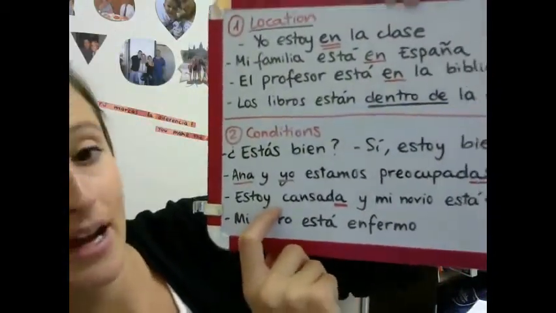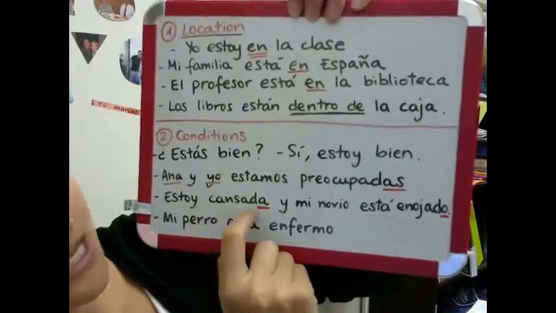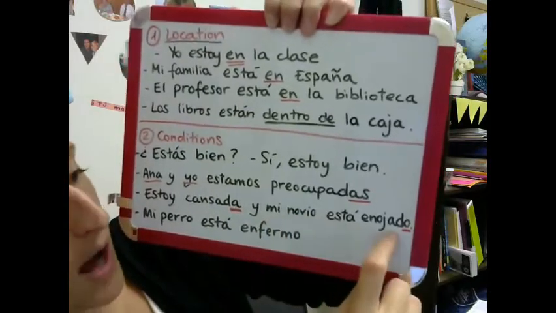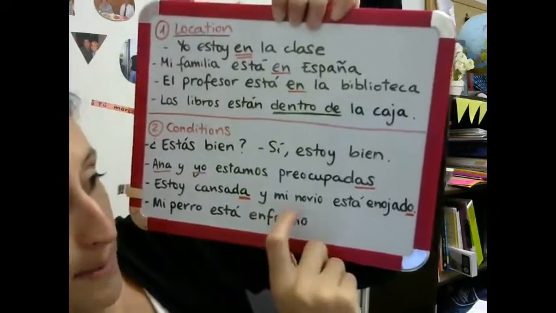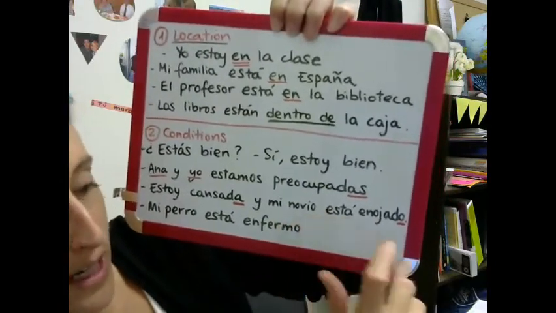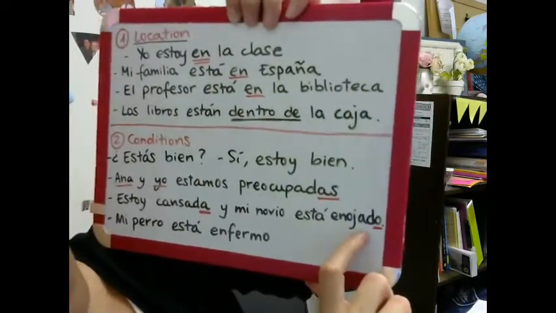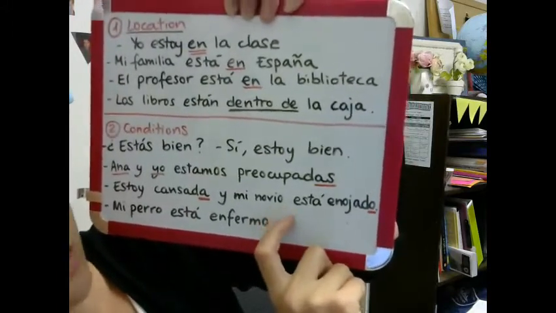Look at this example I made. Estoy cansada. I'm tired. Y mi novio está enojado. I am tired, feminine, because it's me. And my boyfriend, mi novio, está enojado. My boyfriend is angry or mad. It's enojado because mi novio is masculine.